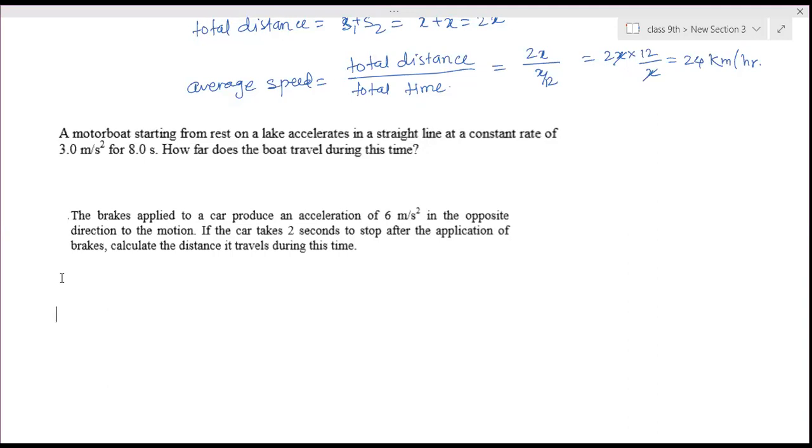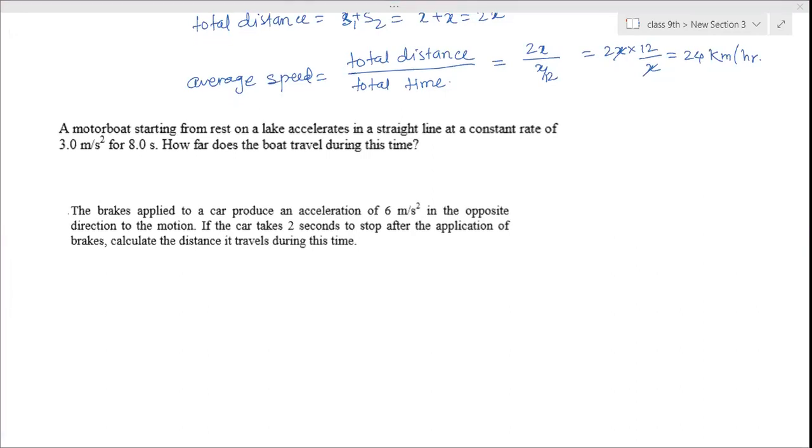Ma'am, I got initial velocity as 12. Then I don't know where I made the mistake. After that, which formula did you use? Second equation of motion. Okay, fine, I got it.